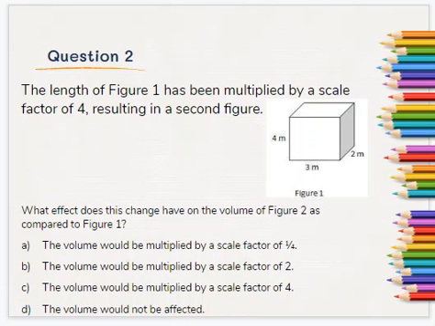Now, what does this change have on the volume of figure 2 as compared to figure 1? So this is figure 1. Figure 2, what happened is the length was multiplied by a scale factor of 4.